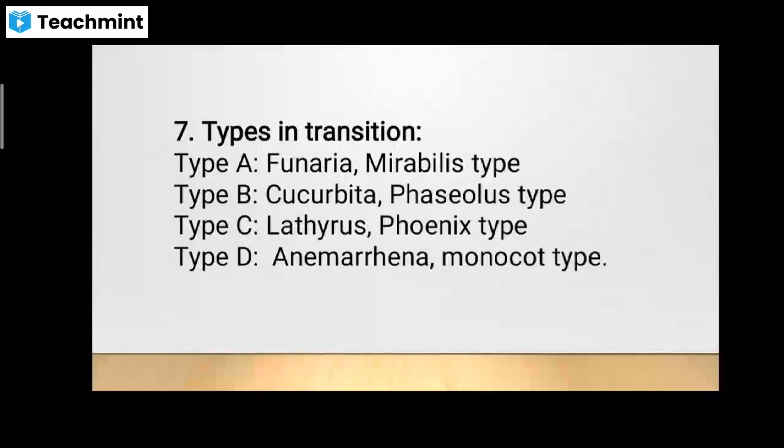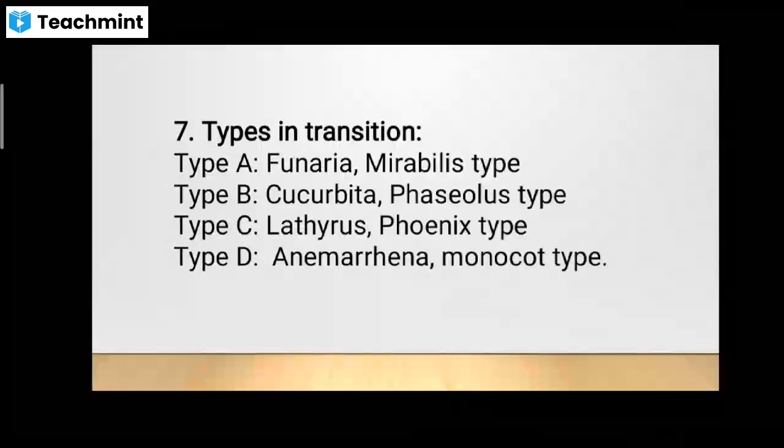Type A is found in the plant Funaria, which is a bryophyte, and Mirabilis, which is an angiospermic plant. Then second, type B is found in the plant Cucurbita, which is also called the Phaseolus type.